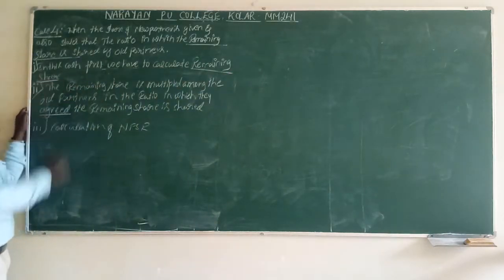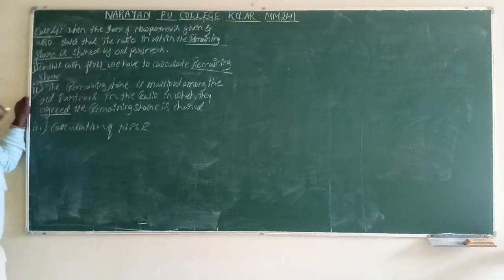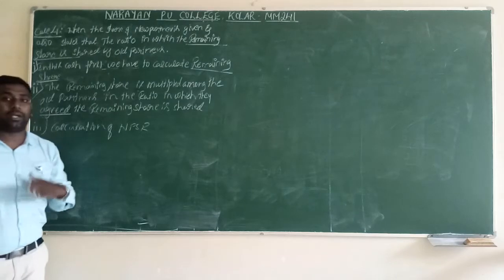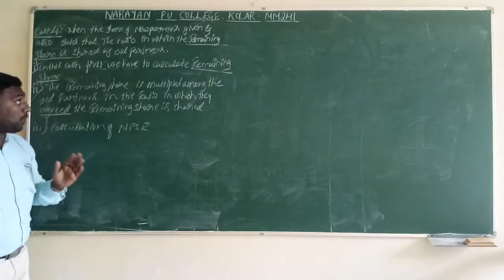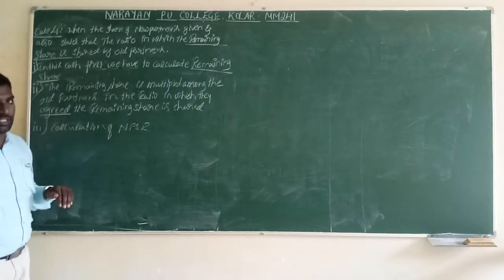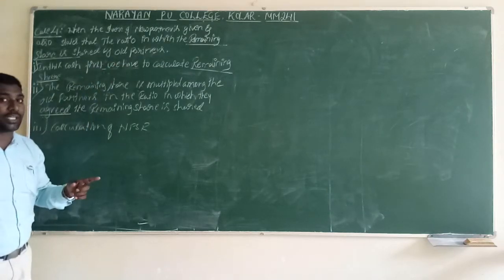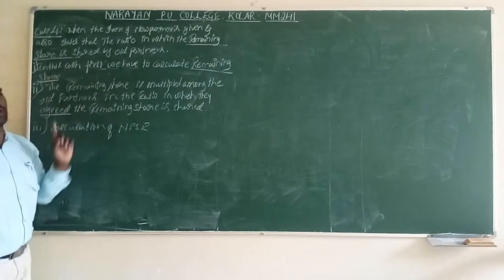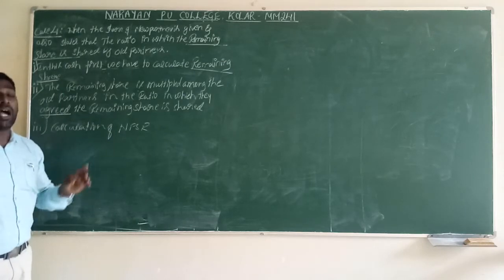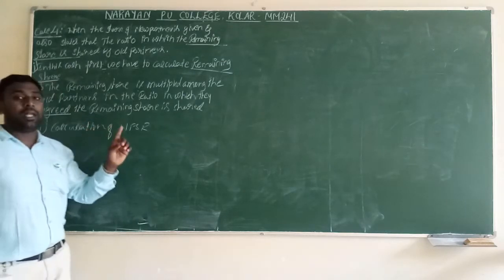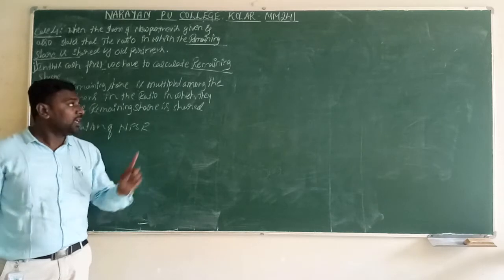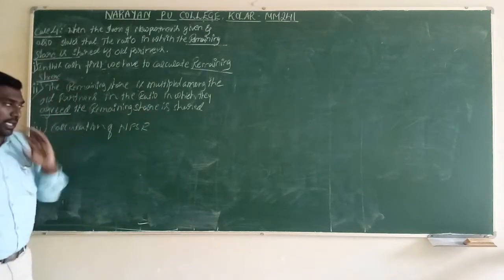In step number 1, it clearly explains that first we have to calculate the remaining share. Why? To calculate the new profit sharing ratio. How to calculate it? Remaining share is always based on the new partner share, and it is subtracted from 1. From 1, we deduct the value, and we get the remaining share.